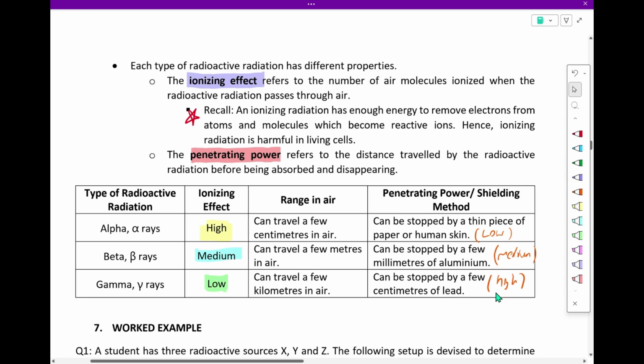And one scary thing is that if you remember in your EM spectrum, you have your X-ray, UV, visible light, infrared, microwave, and radio wave, and gamma rays are the most dangerous. But in terms of radioactive radiation, this fella here is actually the least dangerous.